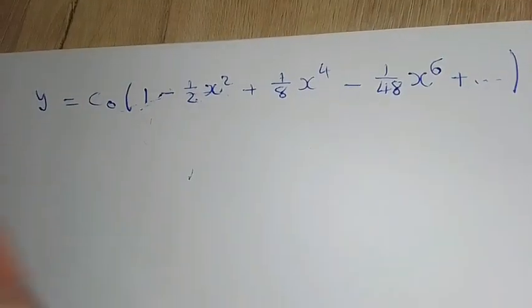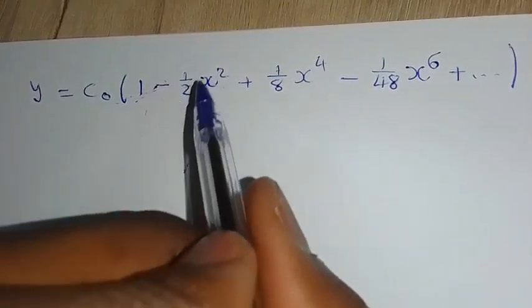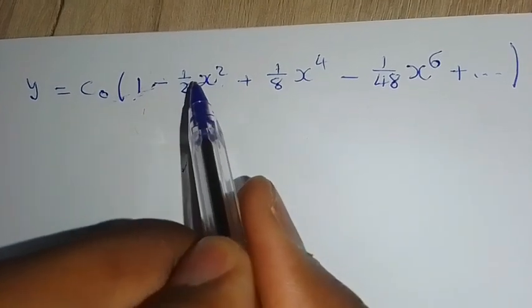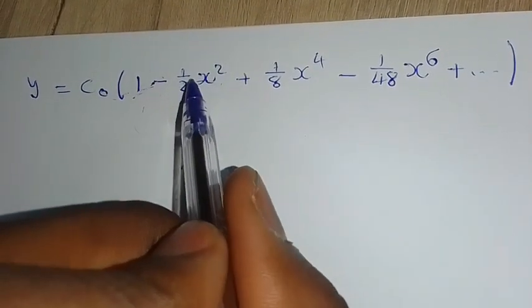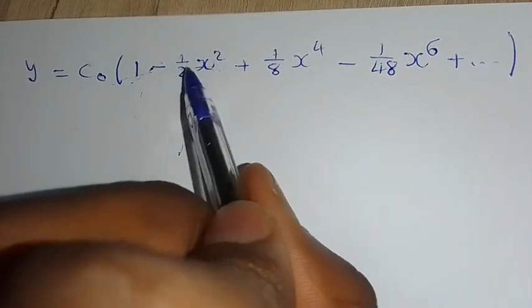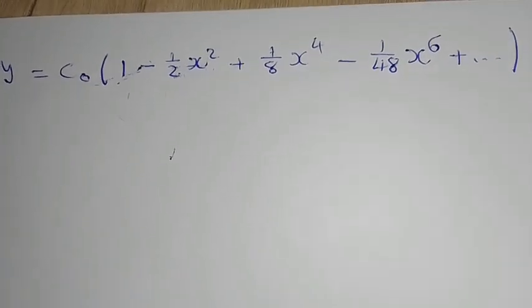Divide by 1 factorial, which is just 1. And this one we expect to divide by 2 factorial, or divide by 1 factorial. But when we divide by 1 factorial, we're going to have over 1, right? But here we realize that we have over 2. So when we have an over 2, we can just group the half x squared together.